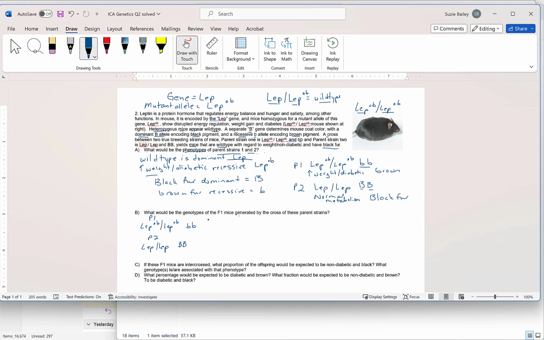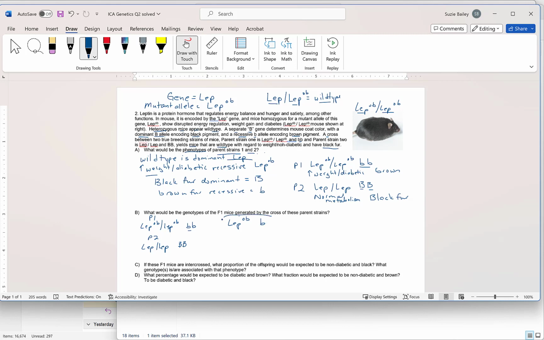And if we think about the cross between these 2 parents, we can see that parent number 1 only has one version of the leptin gene to pass on, being true breeding. Right? So 100% of the gametes from parent number 1 are going to contain that LEP-OB allele and an allele at the B gene, which is the recessive allele.